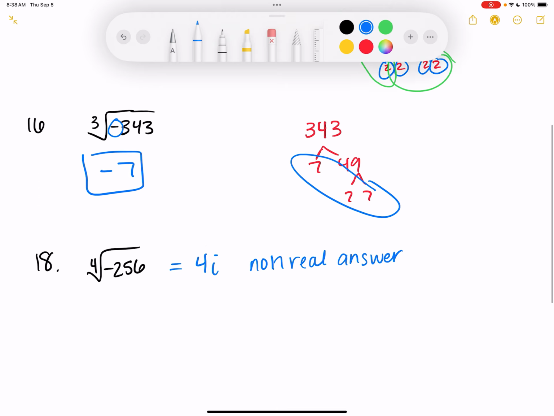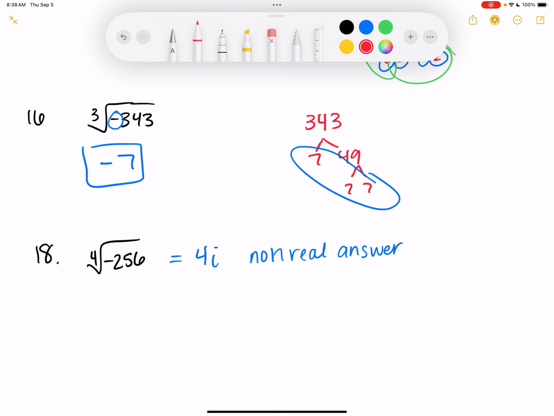However, the square root of -1 is equal to i. So what I did essentially is just said this is like the 4th root of -1 times 256 to get 4i.